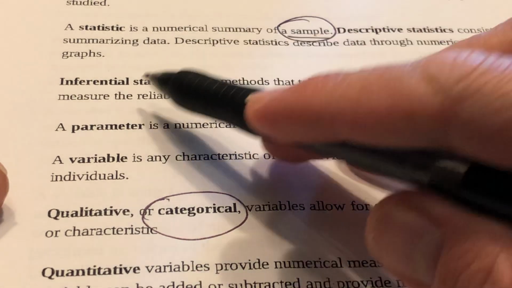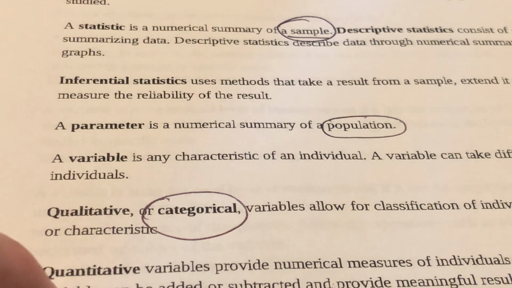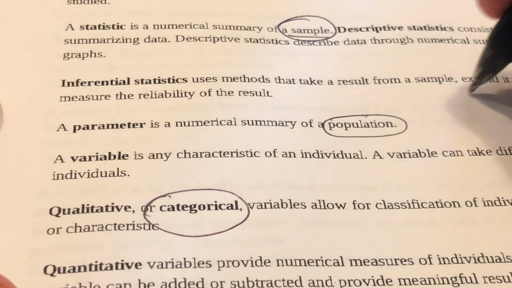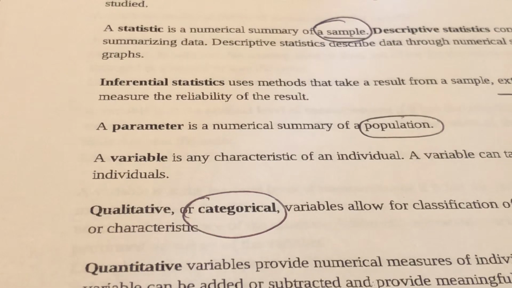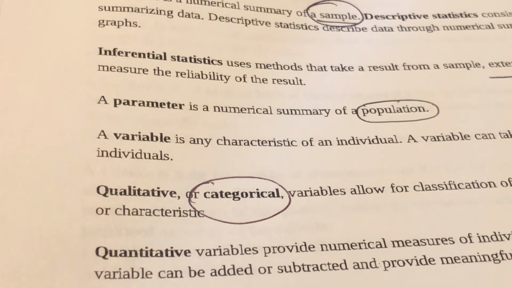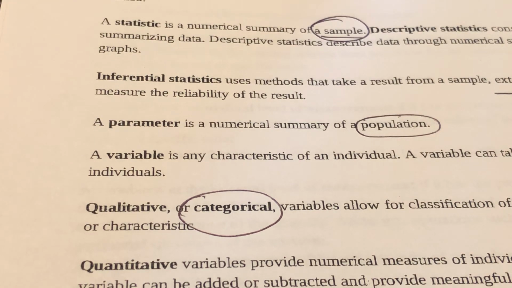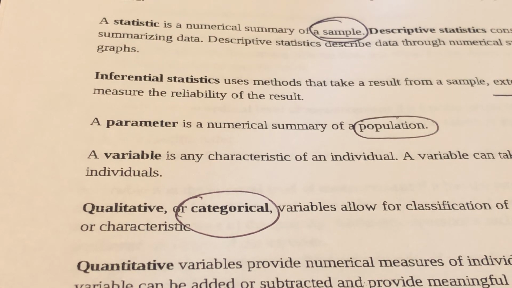In the second semester, we will talk about inferential statistics, which use methods that result from a sample extended to the population. Very important. Then measure the reliability of the result. A parameter is a numerical summary from a population. So alliteration: statistic, sample; parameter, population.